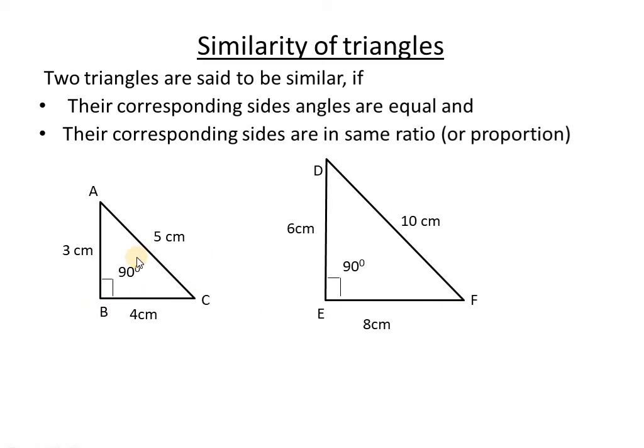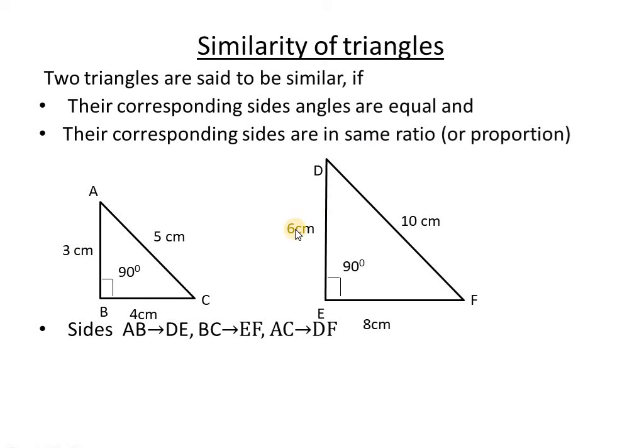Observe that these two are right angle triangles, meaning they have a 90 degree angle. We compare the sides and the angles. First, the side AB corresponds to side DE, side BC corresponds to side EF, and side AC corresponds to side DF.